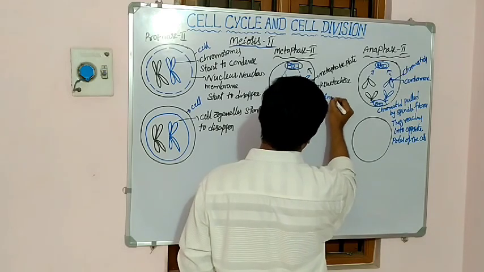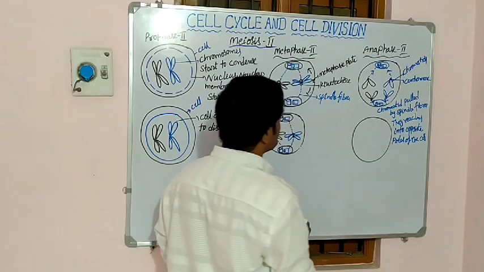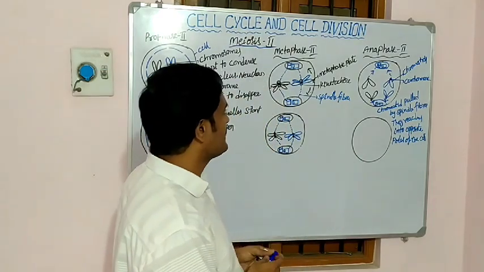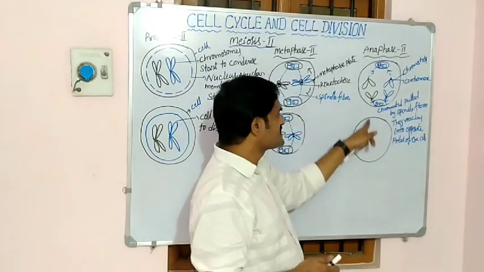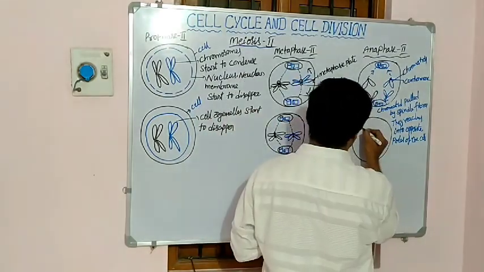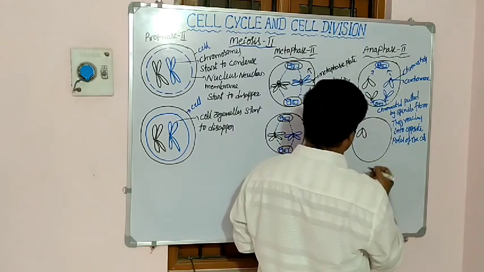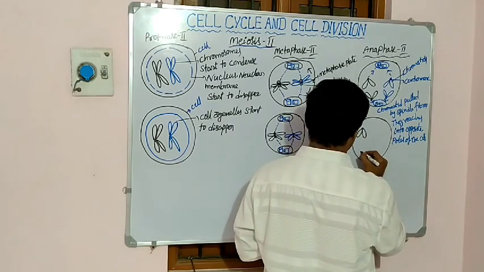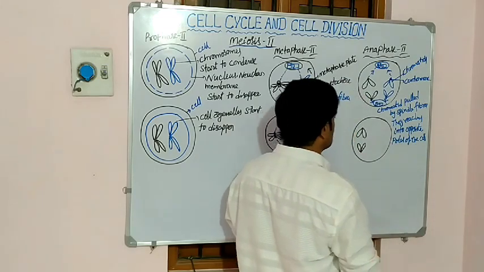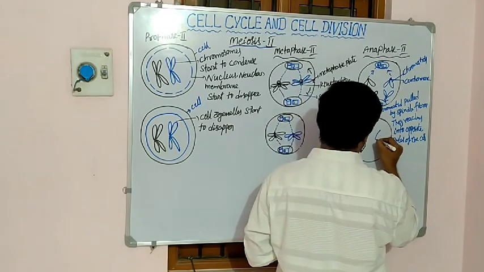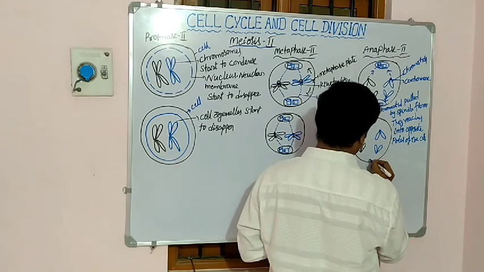So these are called what? Spindle fibers, remember. We have the same changes here. What are the changes we have noticed here? The chromatids are pulled by the spindle fibers, and finally almost reach the poles of the cell.